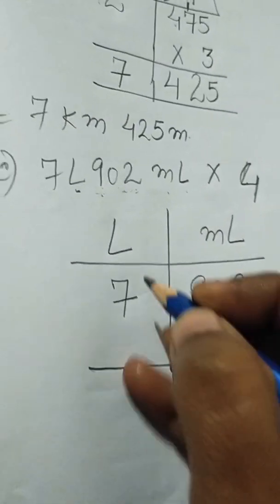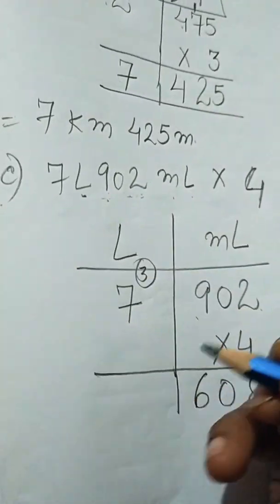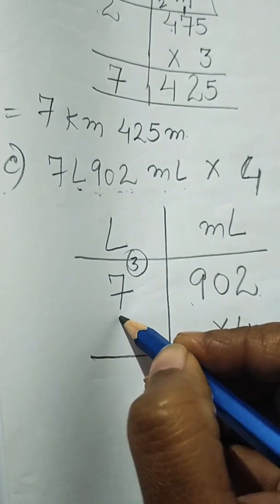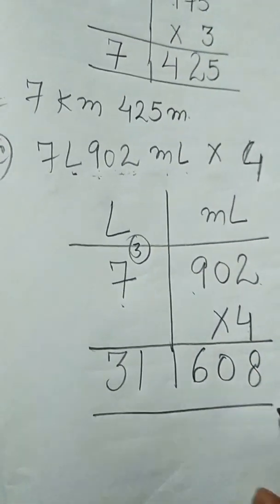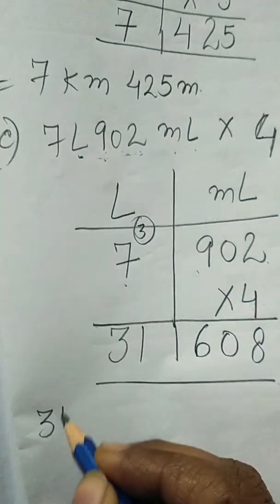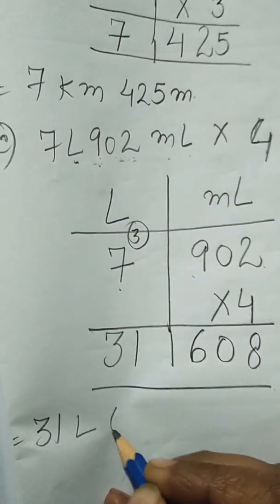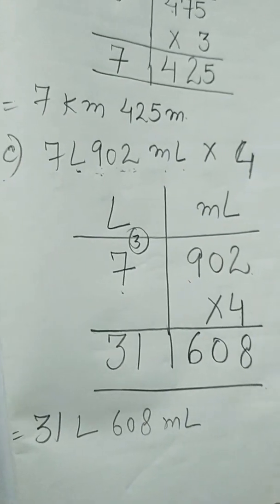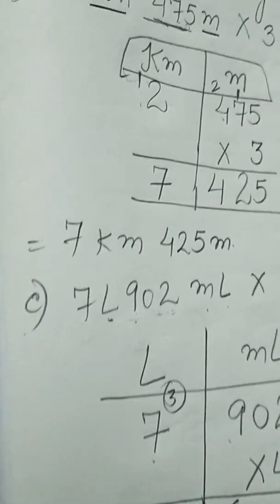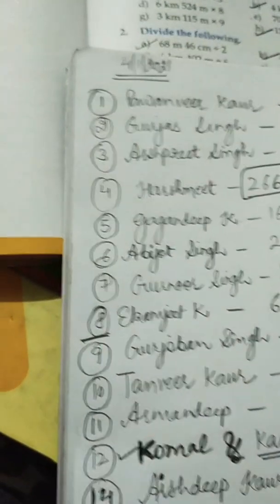Yes, 36, 3 will be carried. 4 7s are 28 and 3 it will be 31. So here we got 31 liter 608 milliliter as the product. Yes, now in the same way you can do D part. Now I am going to tell you E part.